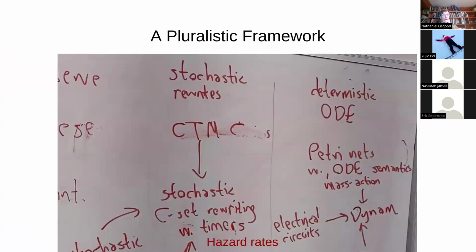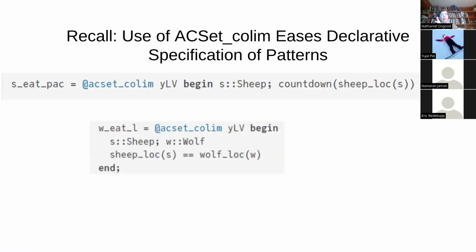Oh yeah, I should also mention a C set colim. You may recall this idea that you can use a C set colim to specify C sets which exhibit certain properties, and you can declaratively specify them. So here we have a sheep and wolf that are in the same location. You may remember that.